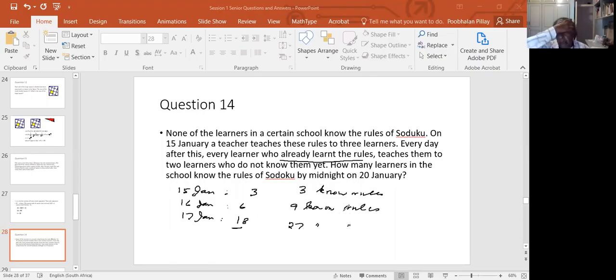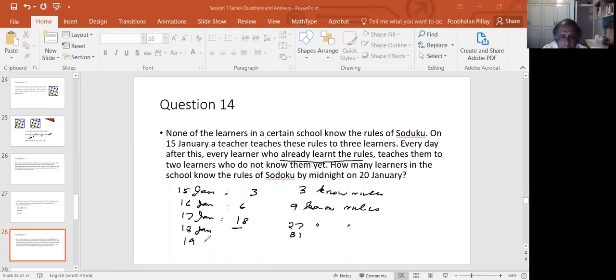So you can see what's happening here. You can try it out and you will see you got 3, 9, 27, and it keeps multiplying by 3. So the 18th of January, it will be 81. And the question is, how many know the rules on the 20th of January? So that's not difficult now because you simply have to multiply by 3 each time.